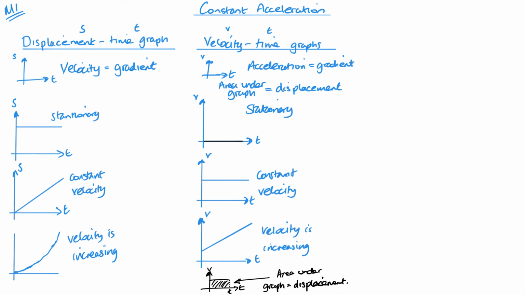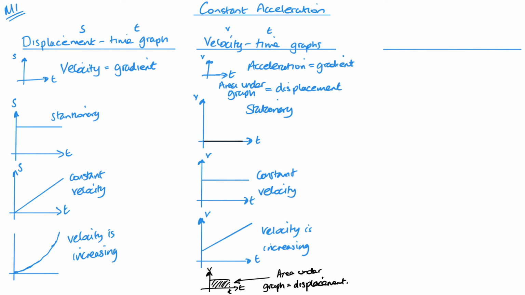The area under a speed time graph is the distance travelled. Now in terms of a velocity time graph, as long as the velocity remains positive, then the area under it is displacement. If you have a negative velocity, then the area under the graph is distance, not displacement. So you do have to be a little bit careful about that, but for that to happen, obviously the velocity would need to be below the x-axis, so it should be obvious.